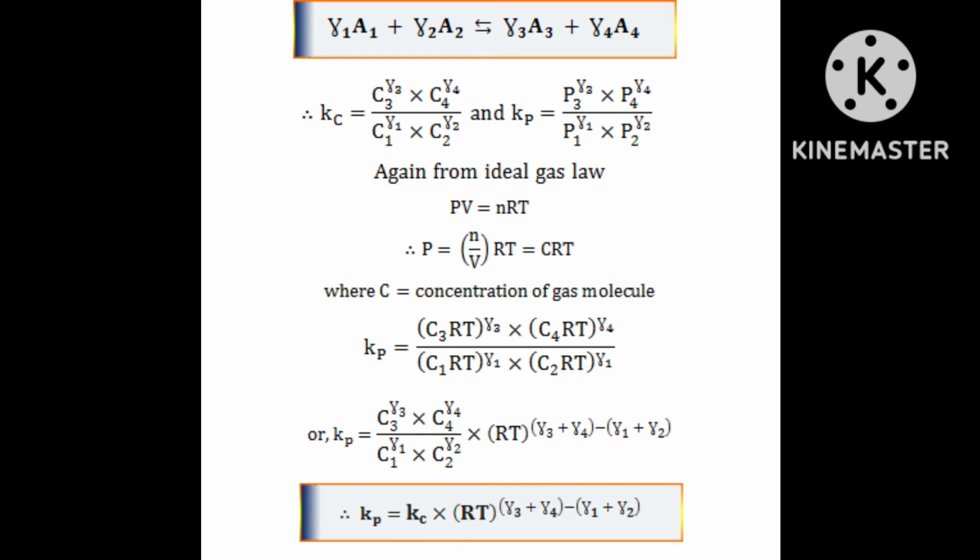As for example, you take the synthesis of ammonia. N2 plus 3H2 equal to 2NH3. 2 mole of ammonia you are getting. Then reactants are 4 mole. N2 plus 3H2 means 1 mole N2, 3 mole H2. Total 4 mole.